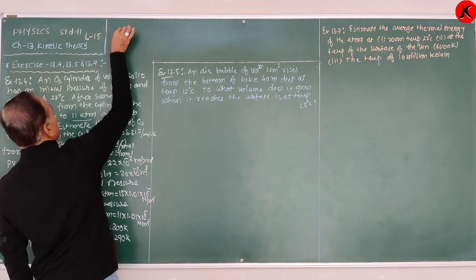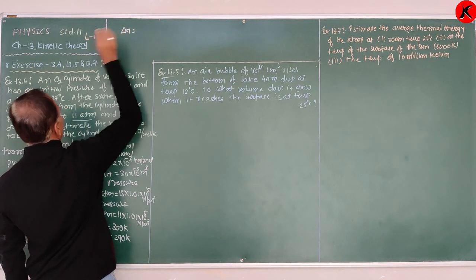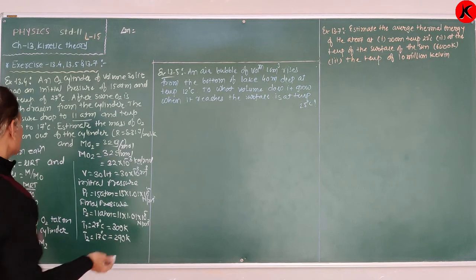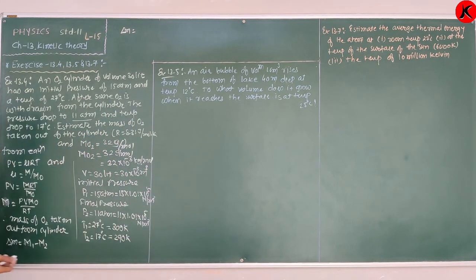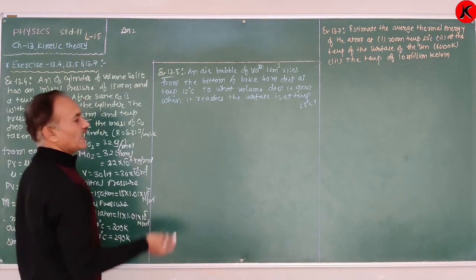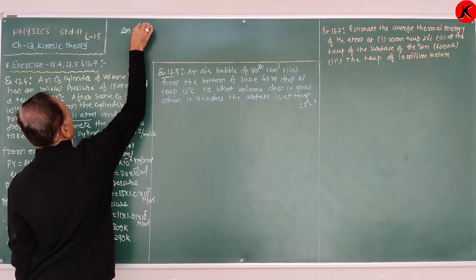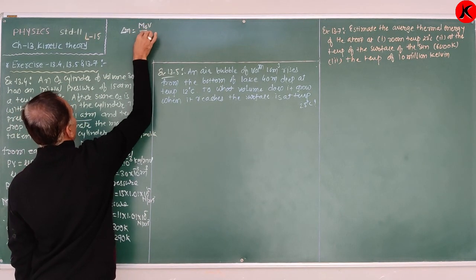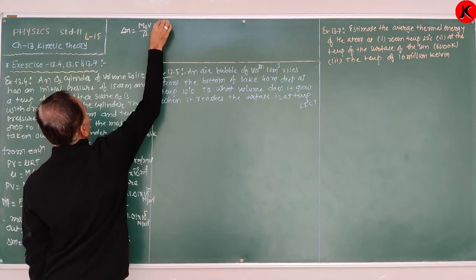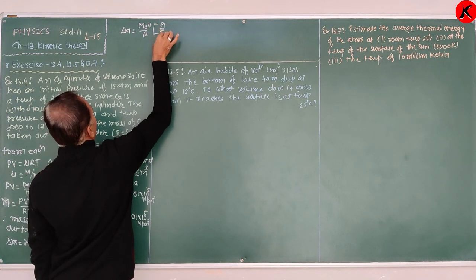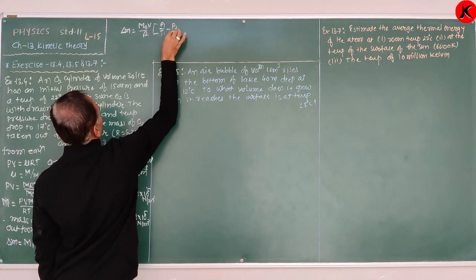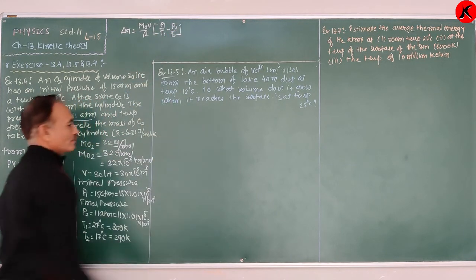Therefore, delta M is equal to initial mass minus final mass. Now listen here. Volume is constant, pressure and temperature are different, volume and M0 are constant. Therefore, delta M is equal to M0 V upon R into bracket P1 upon T1 minus P2 upon T2.